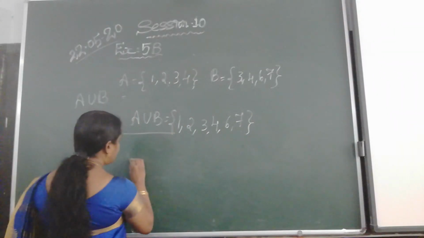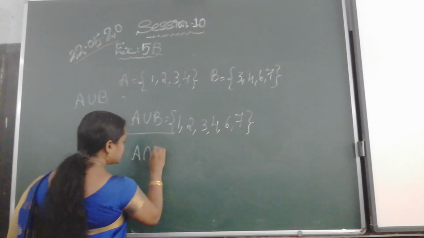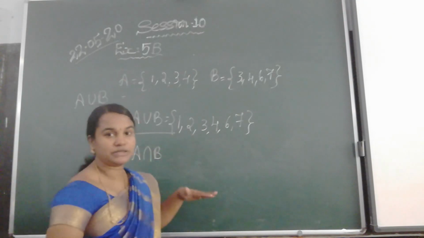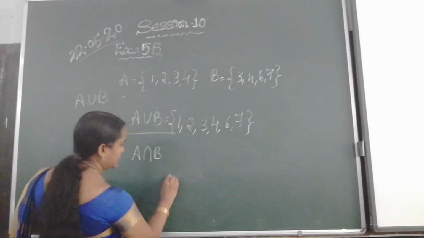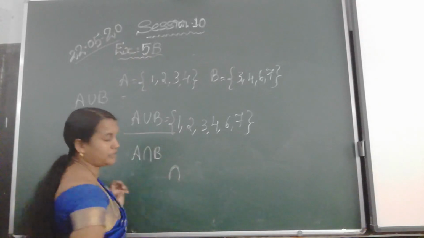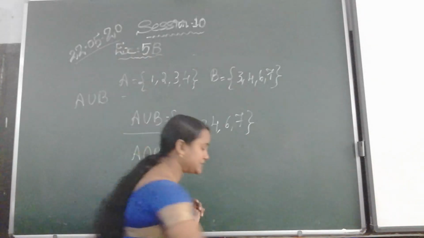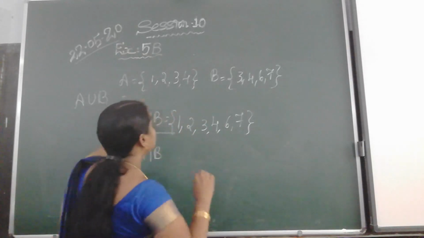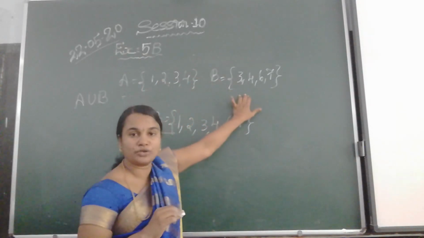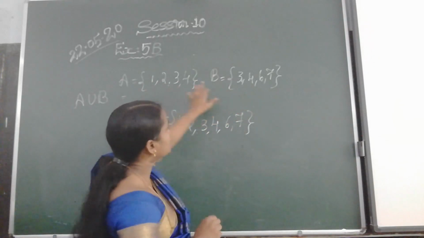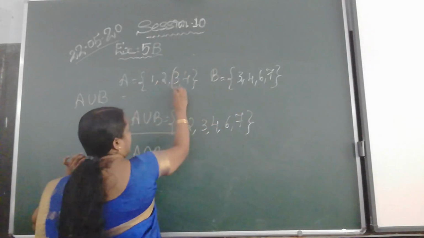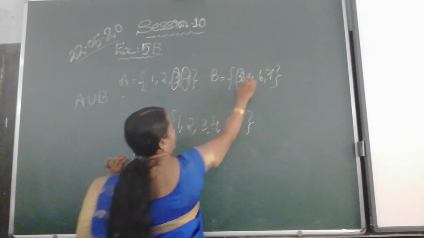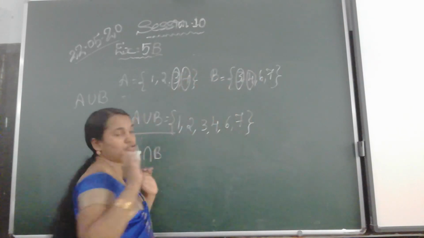Now if they ask A intersection B, when they write the opposite sign like this, that we will call the intersection. Intersection means, children, both set A and set B you have to compare. Now which is common in A and B? 3 in A and 3 in B also, 4 and 4. Remaining are not common.